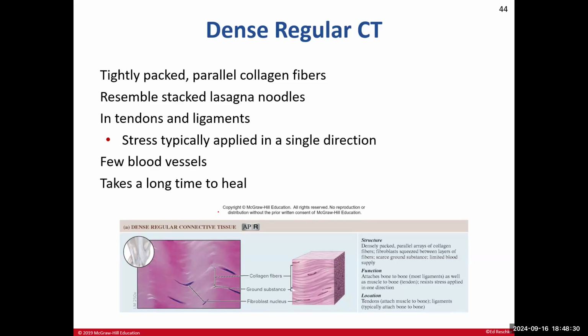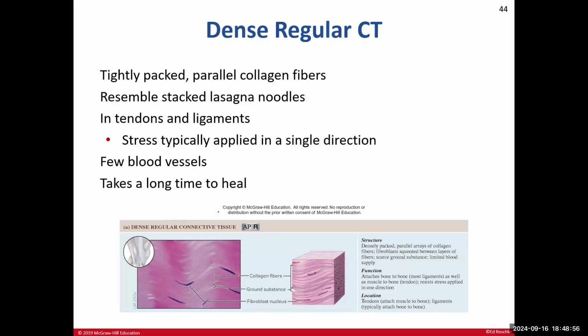This is laid down nice and evenly and uniformly, so there's virtually hardly any ground substance space in there. And then you'll see some fibroblasts scattered throughout the matrix, because it's the fibroblast that makes the collagen. So you can see the predominant material in this slide picture is collagen.